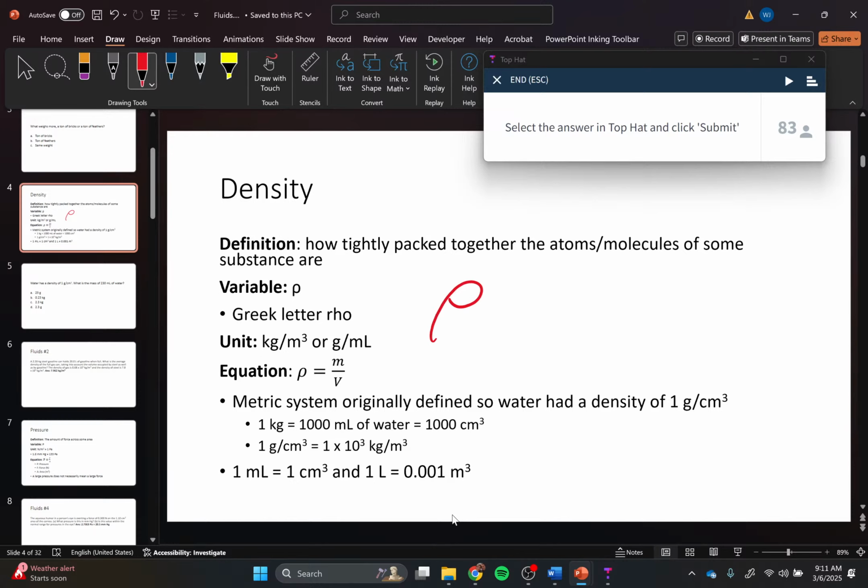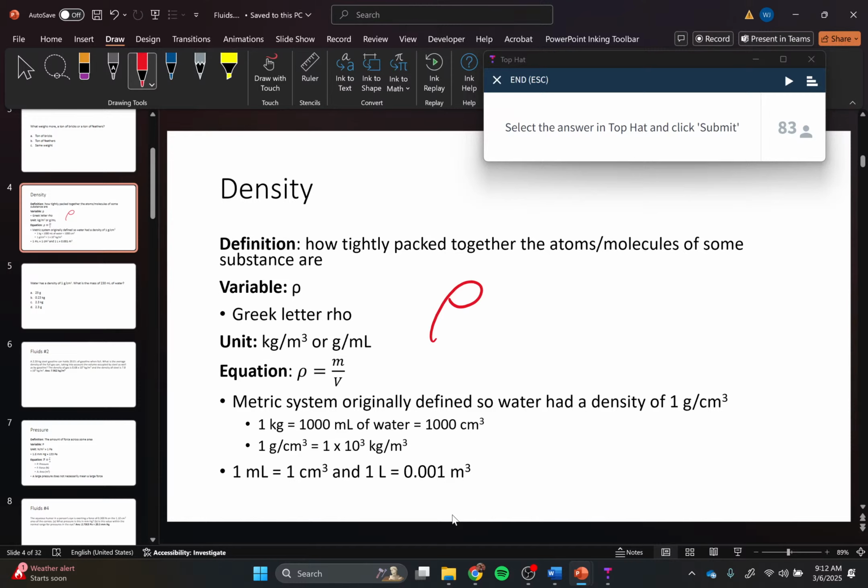It's not because they found in a wall somewhere that the density of water is 1 gram per centimeter cubed. Someone made a decision: water is going to have a density of 1, and everything was based upon that. It's not like water is so special that it magically works out; they chose it to be 1. So just an interesting unit thing.